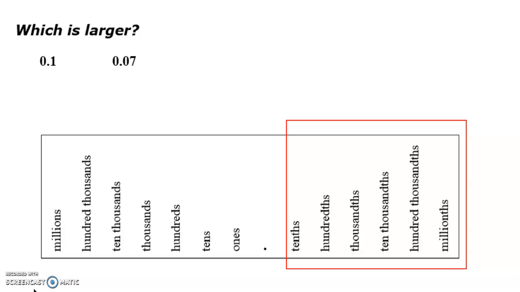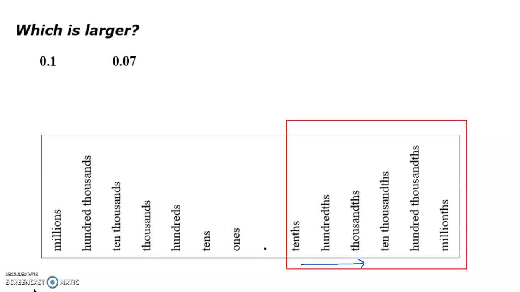So what we can do is we can say with certainty that as we go further and further from the decimal point, the numbers are getting smaller and smaller by factors of 10. We're going to be 10 times smaller every position we go. So we're going to be the tenths, the hundredths, the thousandths, the 10,000ths.